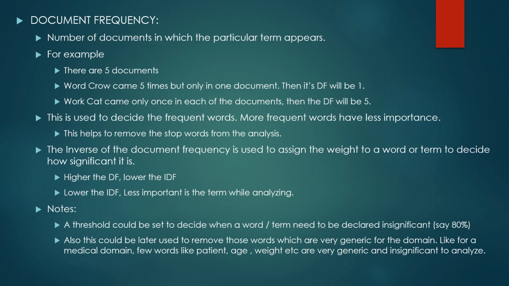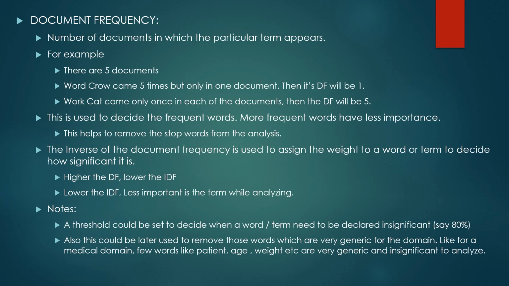In the previous video, we discussed term frequency. Based on term frequency, we were able to remove insignificant words, insignificant terms from a document. Right now, we are talking about removing words or terms among the set of documents that we have, the corpus of documents using which we are analyzing something, like when I'm training the model for sentiment analysis.